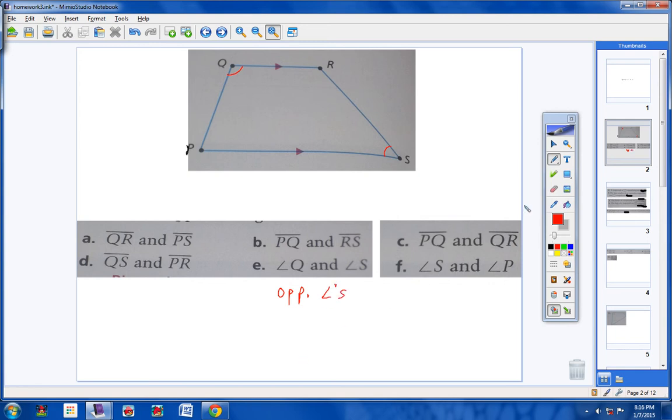All right, moving on to letter F, angle S right here, and angle P. Well, students, listen, this is one of the parallel sides. And what we've learned about trapezoids is the two angles that are on the end of a parallel line are called base angles. So those two angles are base angles. Alright, let's continue on.